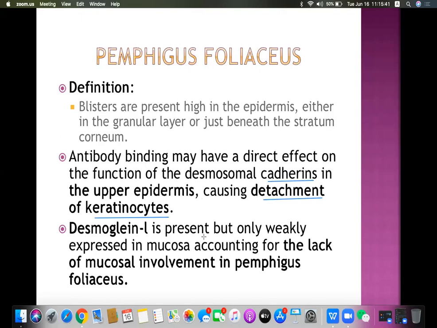Desmoglein is present but only weakly expressed in mucosa, accounting for the lack of mucosal involvement in pemphigus foliaceus. So what they are explaining here is that in pemphigus foliaceus there is a lack of mucosal involvement. Only the skin is more commonly affected because of this particular mechanism. Desmoglein I is absent there, and that is the reason.